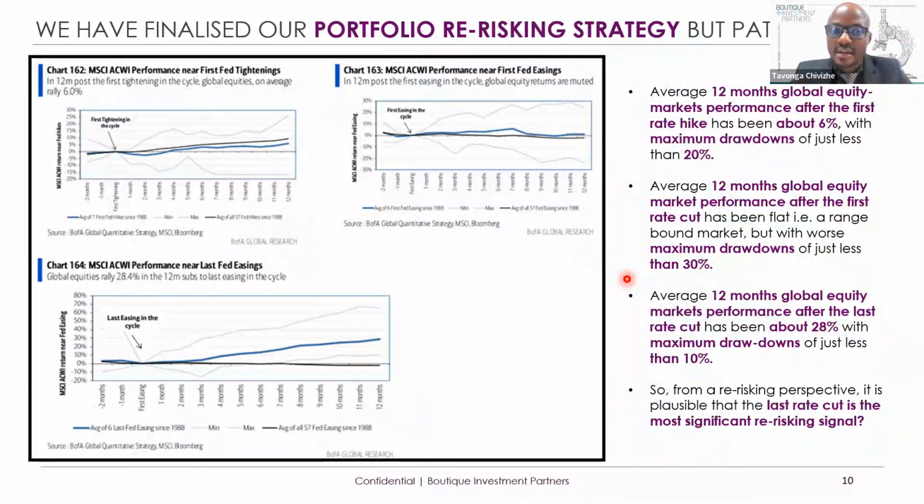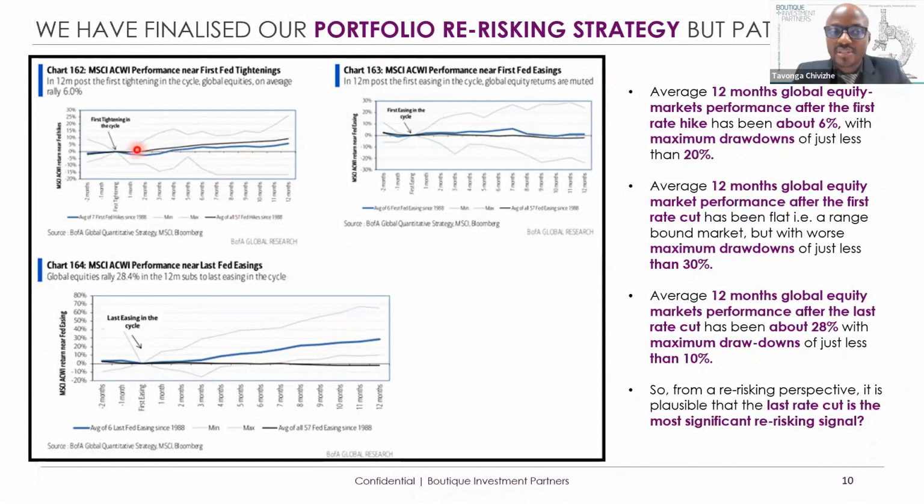where we are. There are 3 charts which study market performance profiles, which are linked or correlated to Fed hiking cycles and Fed cutting cycles. What I really want to draw your attention to is the solid blue line in all the 3 charts. These 3 charts are looking at 3 different scenarios.